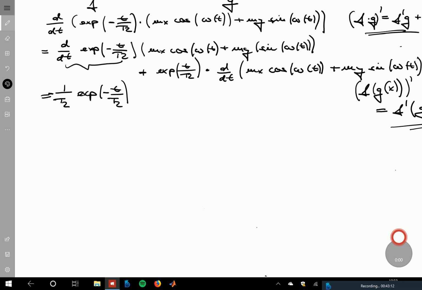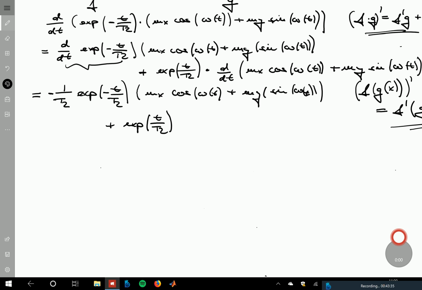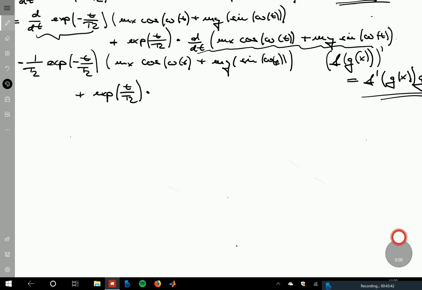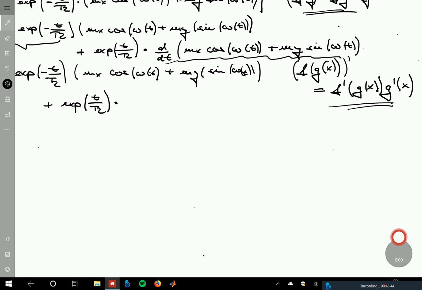So we have this, and then we still have our entire mx cos omega t plus my sin omega t plus our exp t divided by t2, and now we need to compute the derivative of this thing here. So any suggestions?